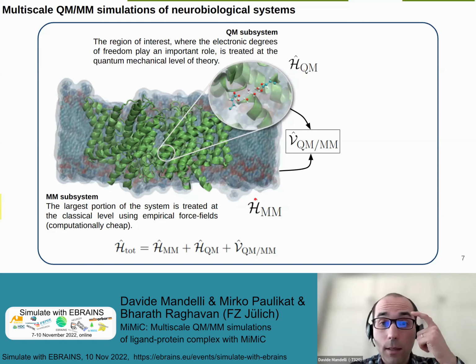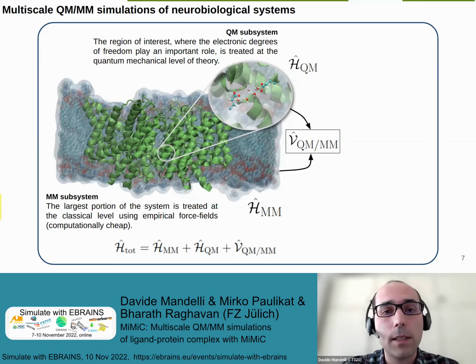Of course, the two systems cannot be treated as independent. One has to take into account the mutual effect of the MM part on the QM part, and vice versa, and this is taken into account by computing mixed interactions between the QM and MM regions.